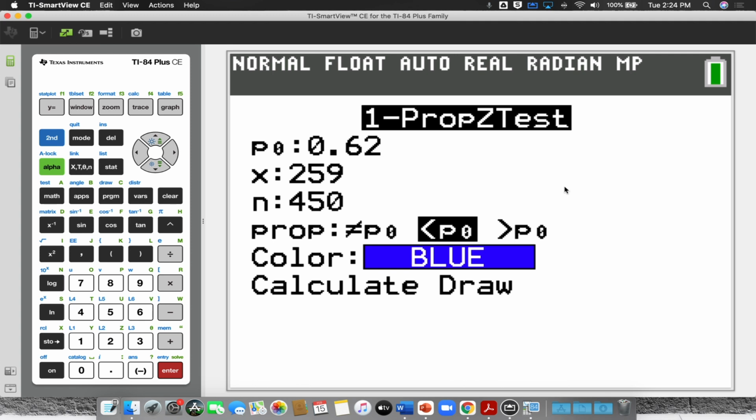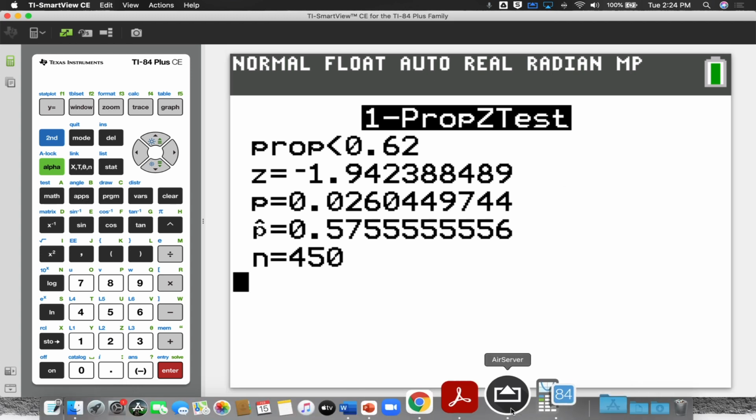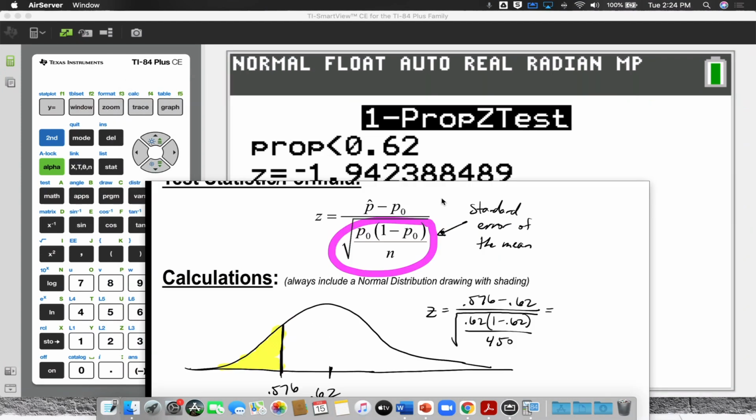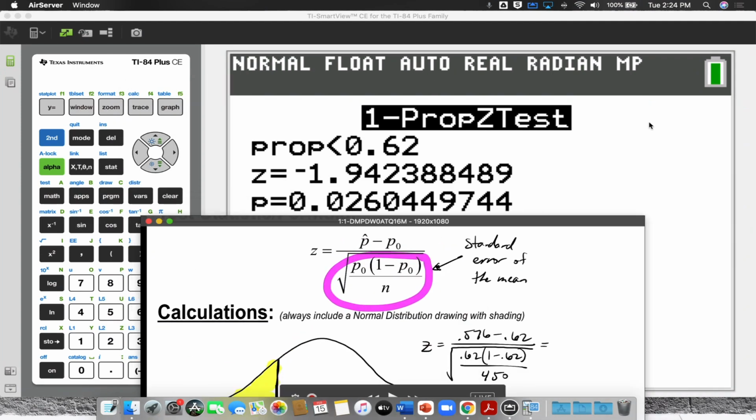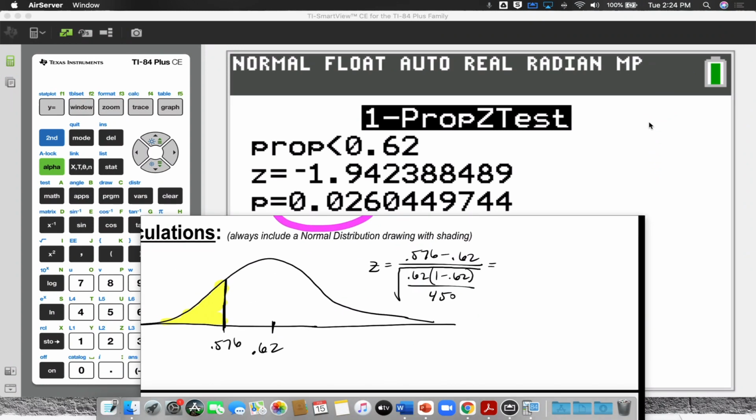There are 2 different options. One is calculate, one is draw. I'm going to show you calculate first. So go down to calculate. Okay, so let's write a couple of these down. It gives us a z-score. The z-score it gives us is negative 1.94, sorry.